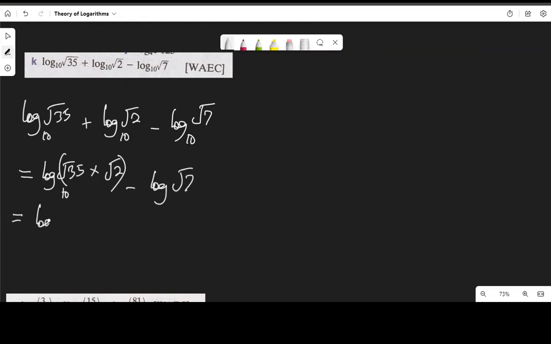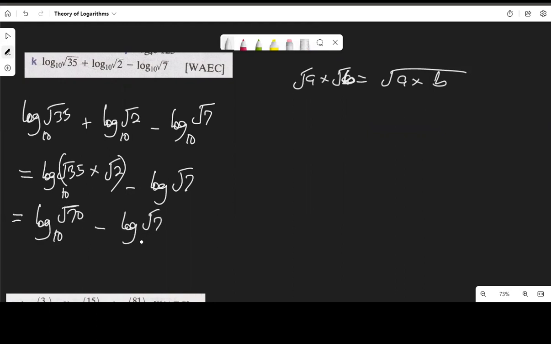And that will be log root 70. Root a times root b is root a times b. So root 35 times root 2 is 35 times 2, under the square root, then minus log root 7 to base 10.